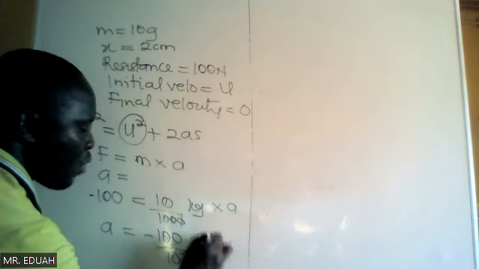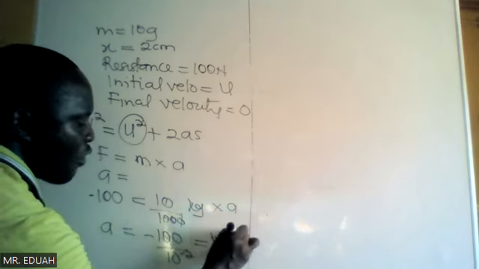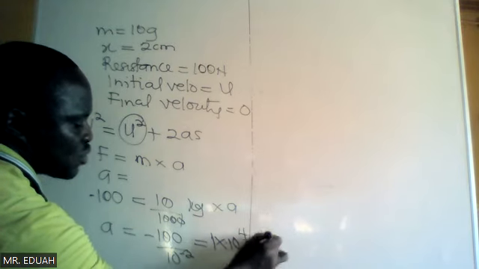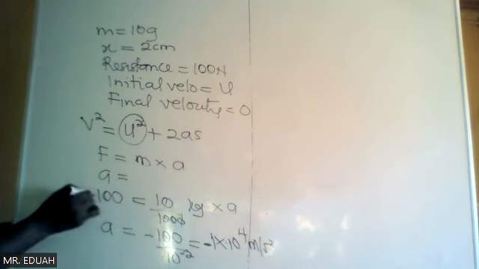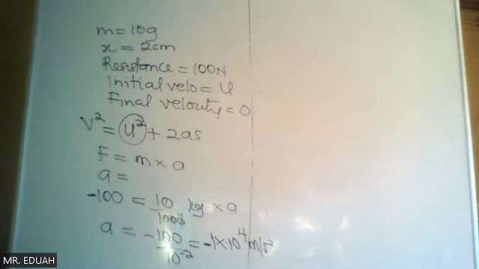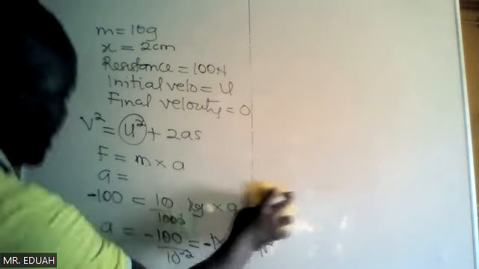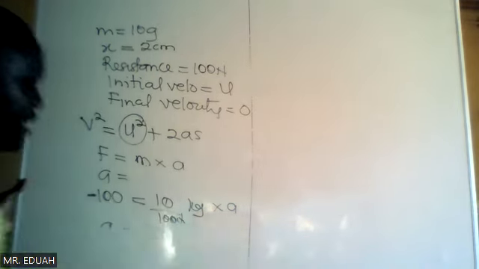Negative 1 times 10 to the power 4 meter per second squared, but a negative value because of the resistive force, minus 100 Newton. Or let me take it differently.